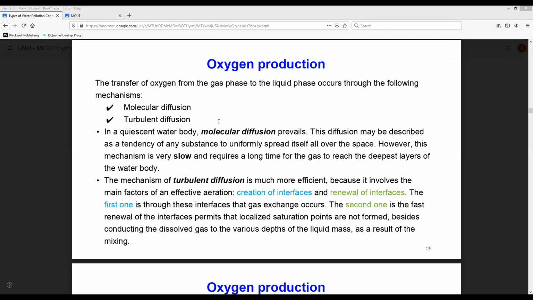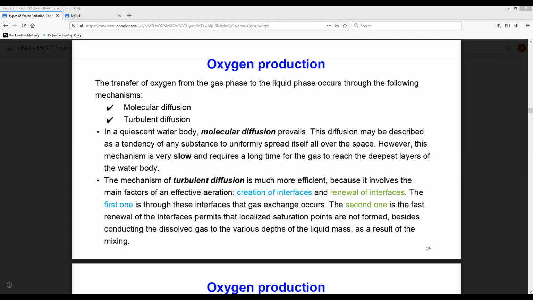And then the second one is turbulent diffusion. Turbulent diffusion is much more efficient because it involves the main factors of effective aeration. So you create the interface and the renewal of the interface.